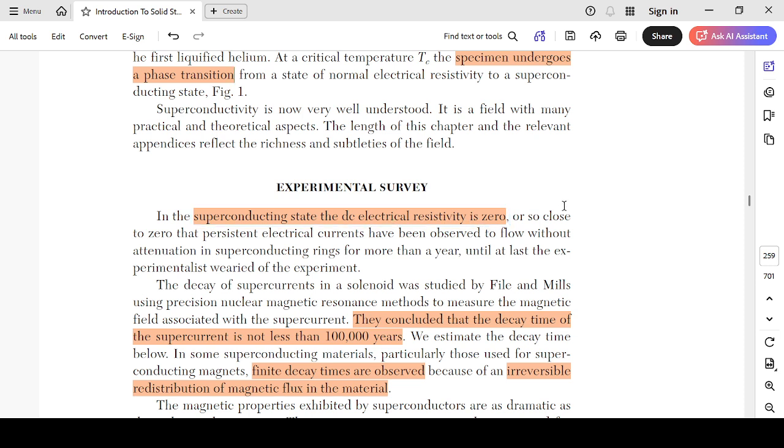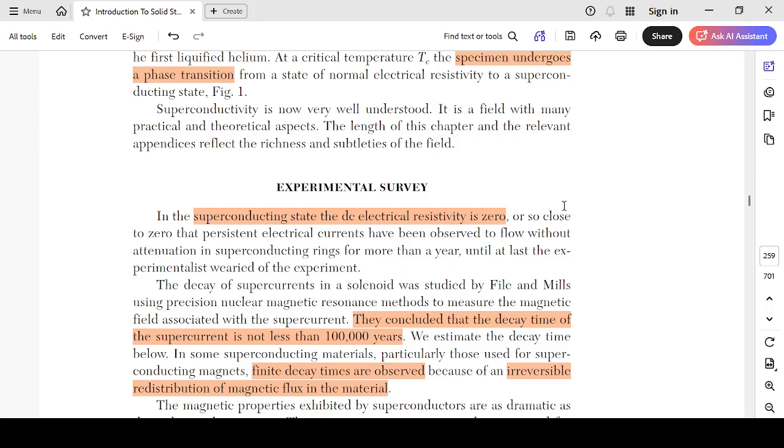This may be asked as a simple MCQ: what is happening to the electrical resistivity of a material in the superconducting state? The answer will be that the DC electrical resistivity goes to zero, very close to zero. DC stands for direct current.